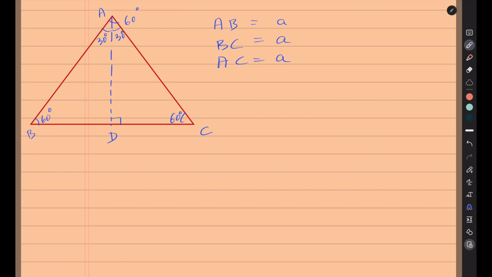And then we have put a perpendicular on it. Do you have any guess about what this side DC will be? This perpendicular will divide not only the angle but this side also into two equal parts.